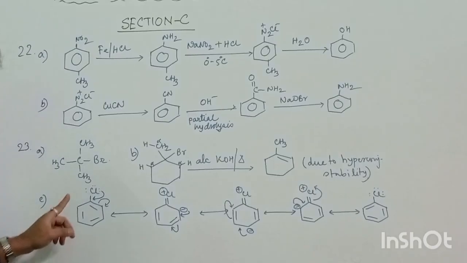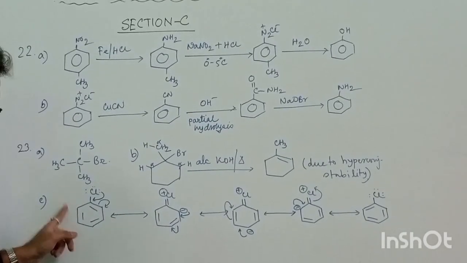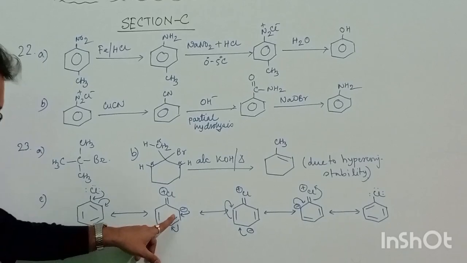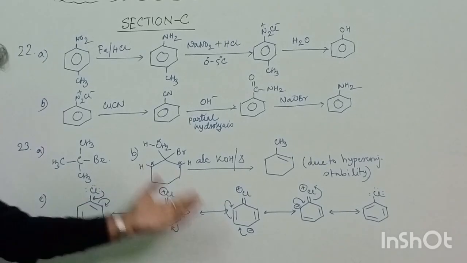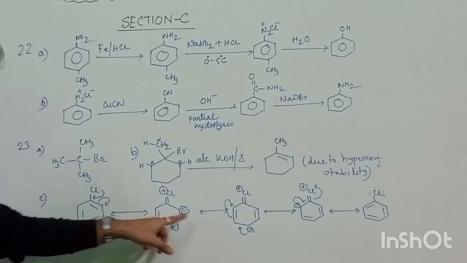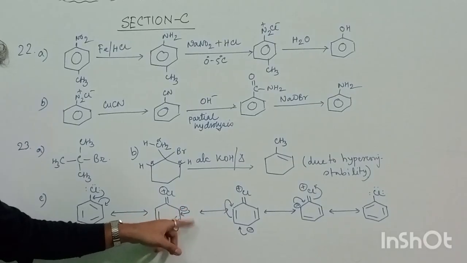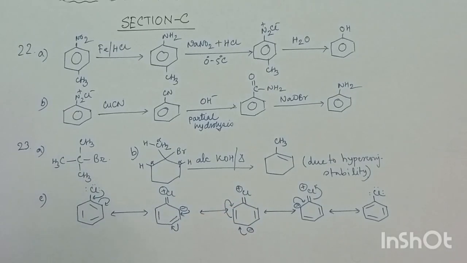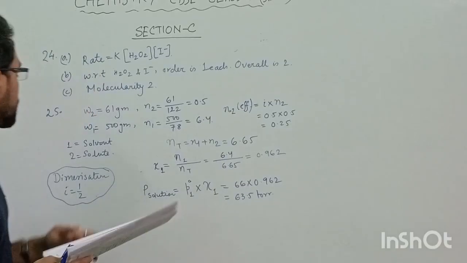And in C, chlorine has a minus I effect, but in electrophilic substitution it is ortho-para directing because the resonance shows that the negative charge is on the ortho and para positions only. That is why.